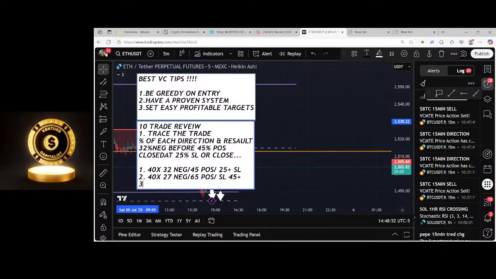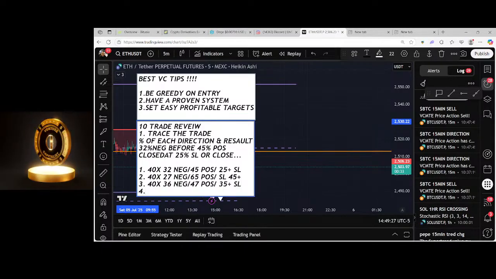Let's say trade number 3 comes in. I do another 40x leverage. This time I go 36% negative. I do 47% positive, and then I end up closing at 35% plus stop loss.